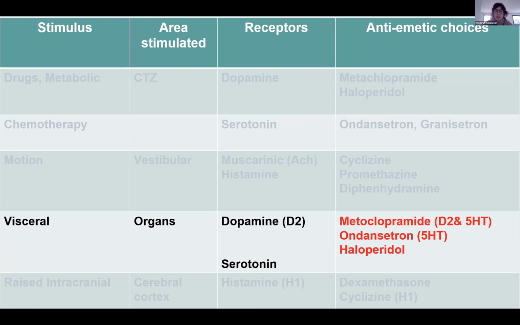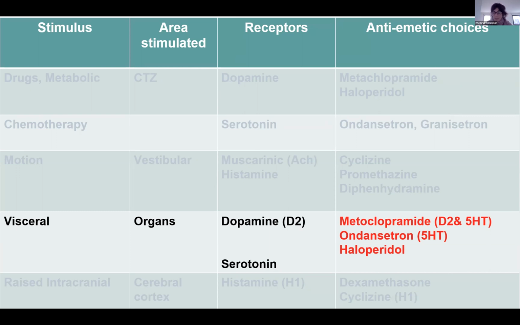And when we think about visceral causes, so things like bowel obstruction, there may be dopamine and serotonin neurotransmitters involved in this pathway. So when you have bowel obstruction, often we would use metoclopramide.